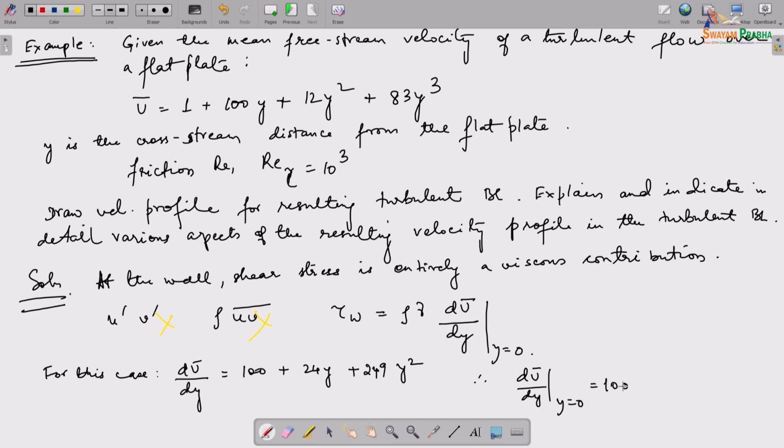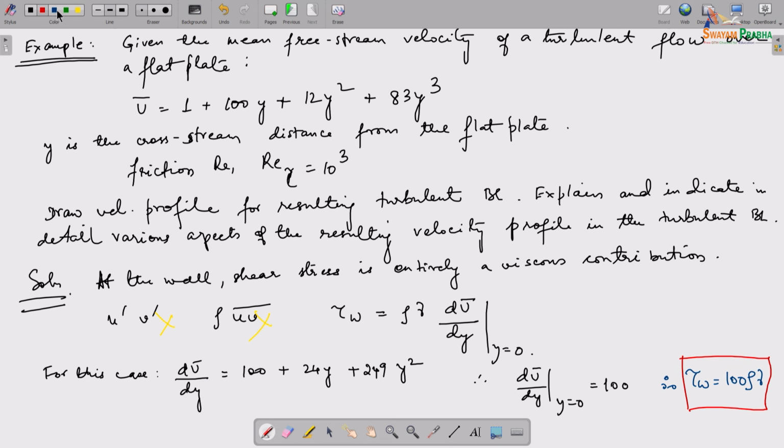Therefore, tau at the wall is equal to 100 rho nu. So, it is 100 rho nu.